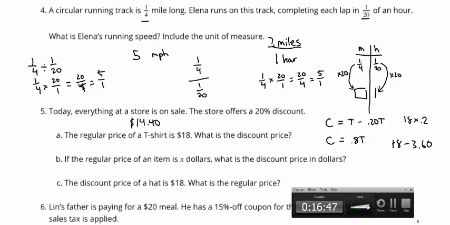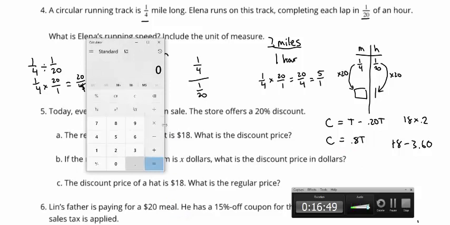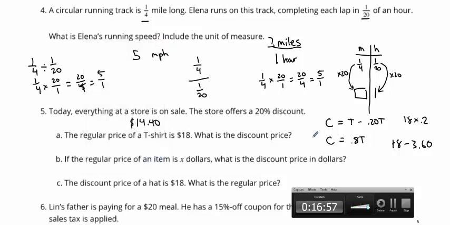If we go in our calculator again and put in 0.8 times 18, we also get 14.40. So up here, 20% off of the shirt is $14.40, or 80% of the shirt is $14.40.